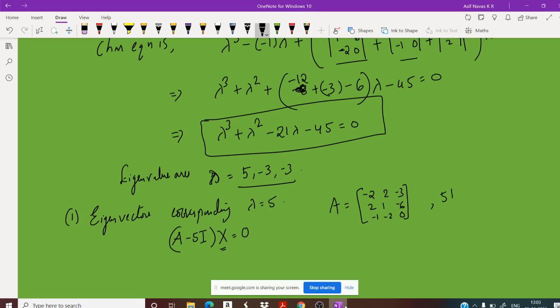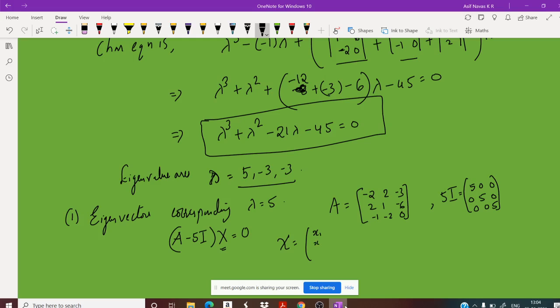And we know that 5I is 5, 0, 0, 0, 5, 0, 0, 0, 5. Now what is x? This is a 3 by 3 matrix.